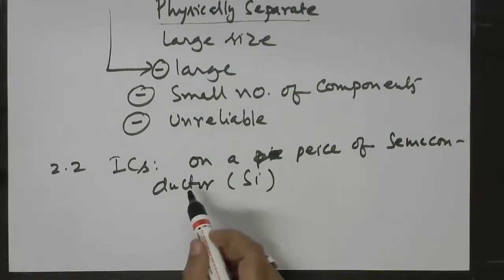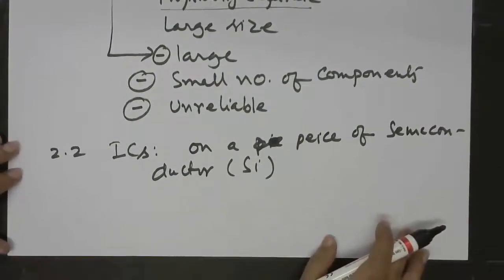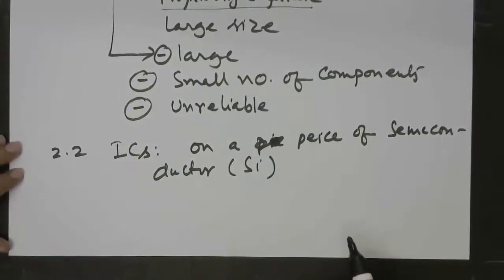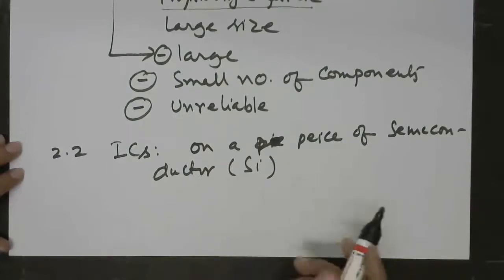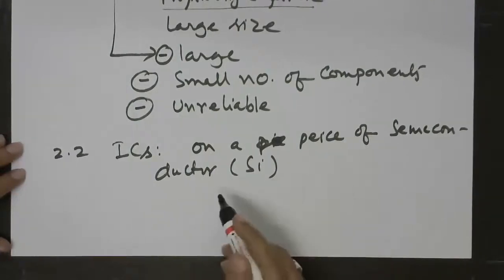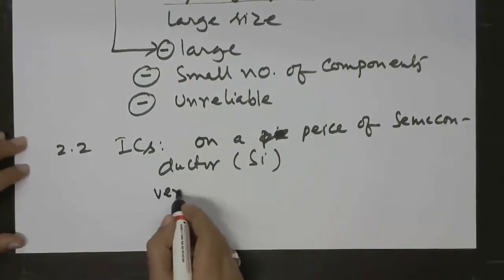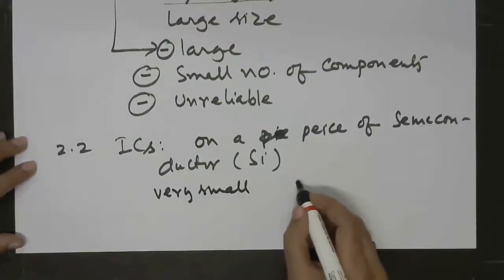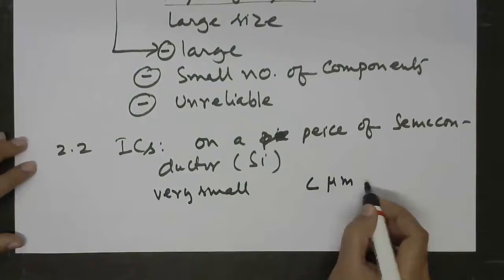Of course, the inductors will be made from conductive elements. But other components like resistors, diodes, and transistors can be fabricated by modifying the semiconductor, for example, silicon. Here all these elements are going to be very small, of the order of less than a micrometer.